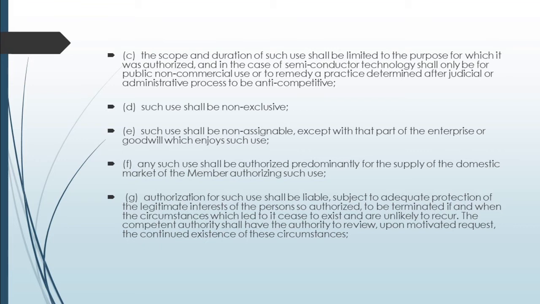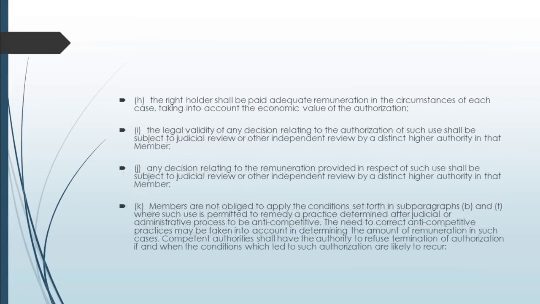Such licenses are predominantly issued for the purpose of domestic markets and not for export purposes. Thus, whenever such licenses are issued, they have to be issued with adequate protection of the legitimate interest of the person so authorized. The right holder will always be paid adequate remuneration for the issue of compulsory license, and he will further have a right to appeal and sub-appeal to any judicial or administrative agency responsible for the matter.